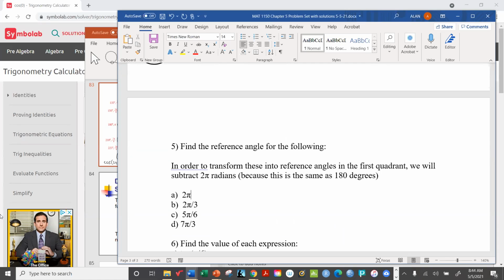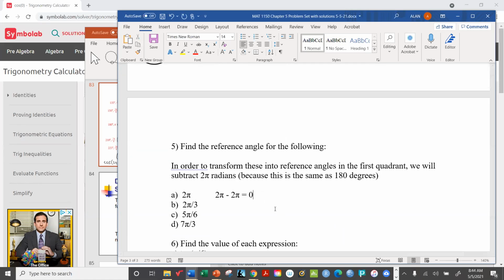All right, so how would that work? The first one is easy. Remember, 2 pi is 180 degrees.